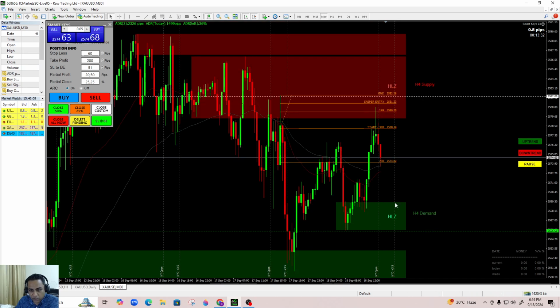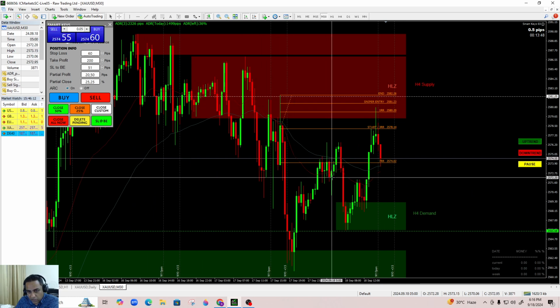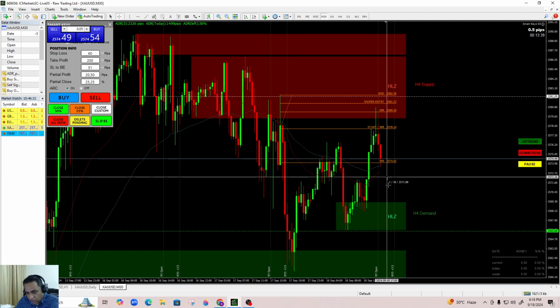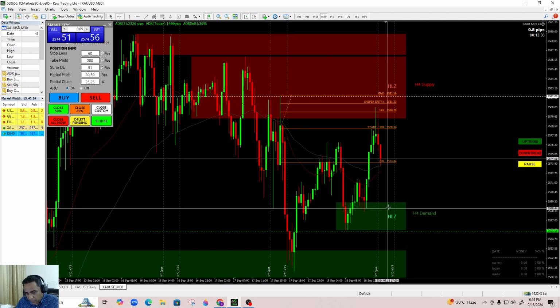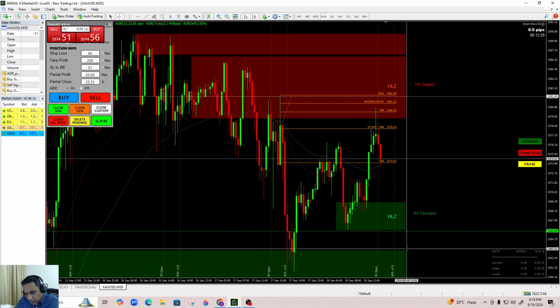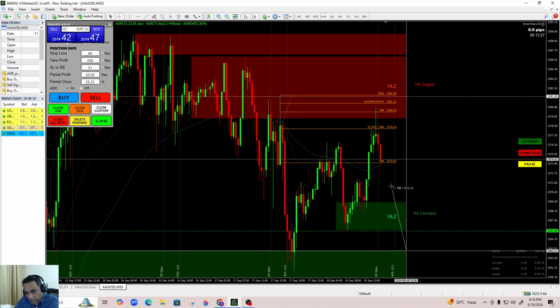Also, if you look on the M30, you'll see this M30 support here and this M30 support there. So right there is an M15 demand zone. But once M5, M15 candles begin to close below that level, then we're coming straight to this. And then if we have volume, once price gathers momentum and comes here, it's going to break this and come here, right? So then we're going to have a big move.